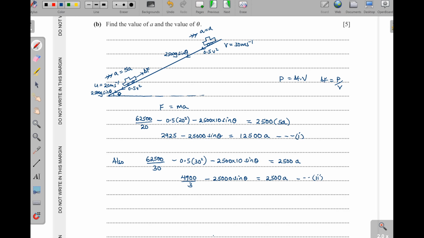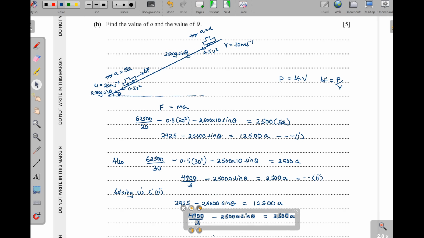Now I can solve these two simultaneously. Solving equation 1 and equation 2 simultaneously, I can see something common. This one here is common. That means when I subtract them, it disappears. So I'll put this one down here, and this one here.